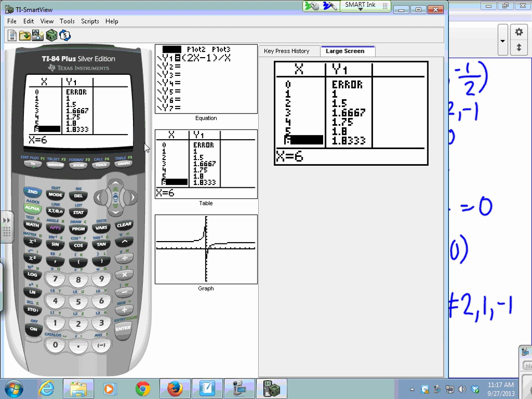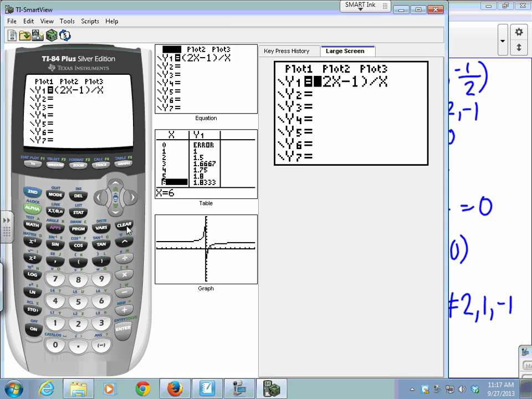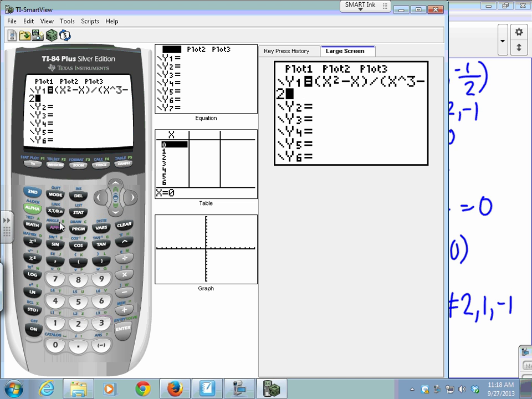So let's plug this in. I've got x squared minus x, and both top and bottom have to go in parentheses. So x squared minus x, divided by x raised to the third minus 2x squared minus x plus 2, goes there.